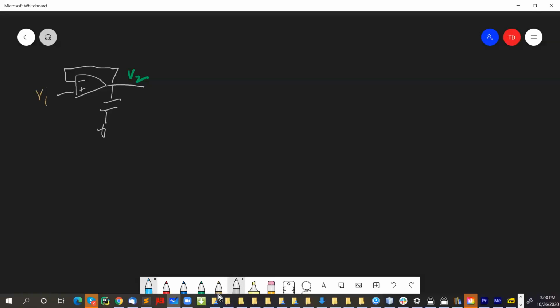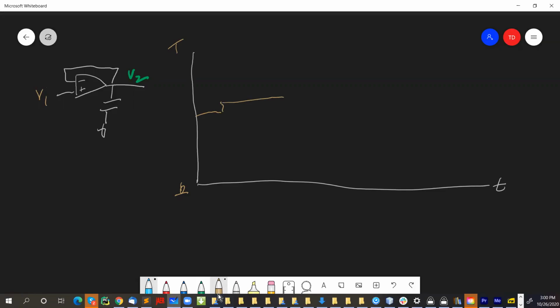And now let's make a time domain response. Let's take an input signal V1, which looks like this. This is 0 and this is VDD up here. So that's ground. Okay, so let's imagine that we start with a small step up, then back down.